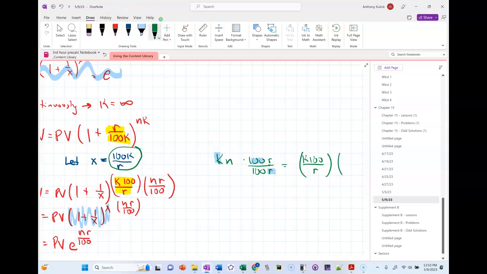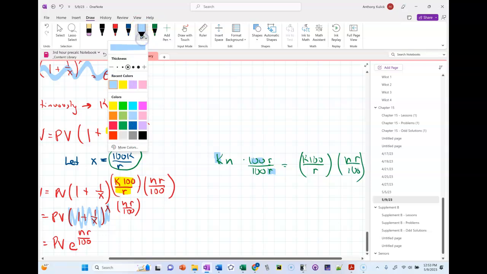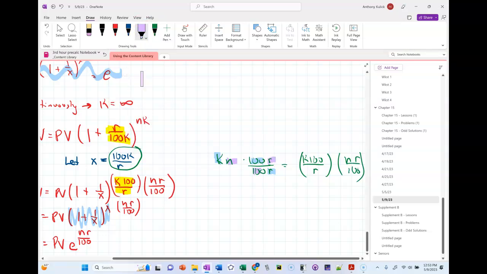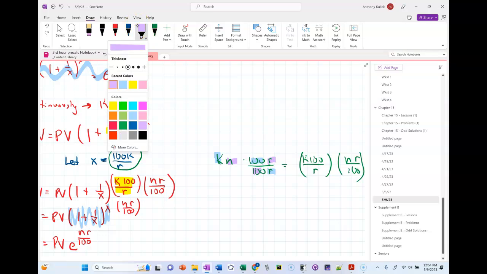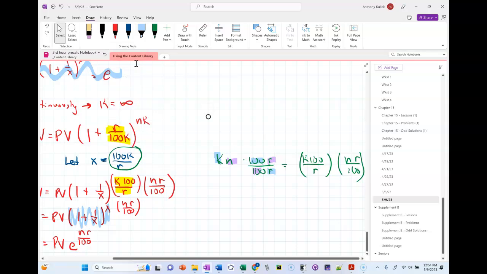And then the other stuff, nr over 100, all went together into the other group. Does that make more sense? So I just multiplied it by 1 so that the symbols were in the right place so I could make the substitution I needed to make, right? Because I knew I was trying to get that 1 plus 1 over x to the x. That was my key to know how to do that rearrangement: I needed the x in the exponent. So I just put the stuff in there that I needed and then divided the stuff that I put in back out, and it just took care of itself. Does that feel okay?